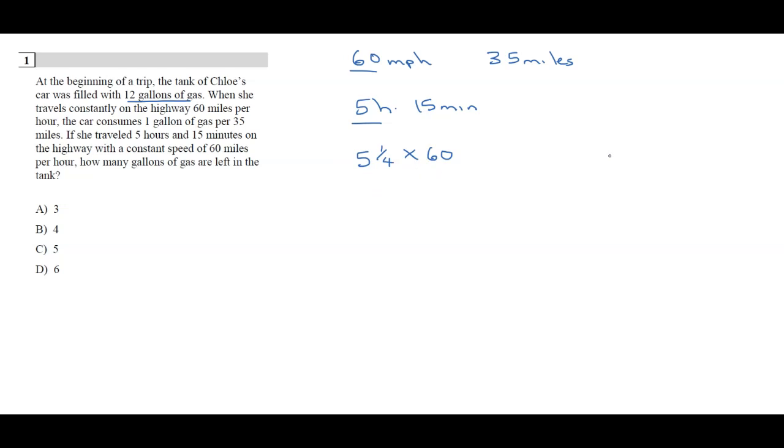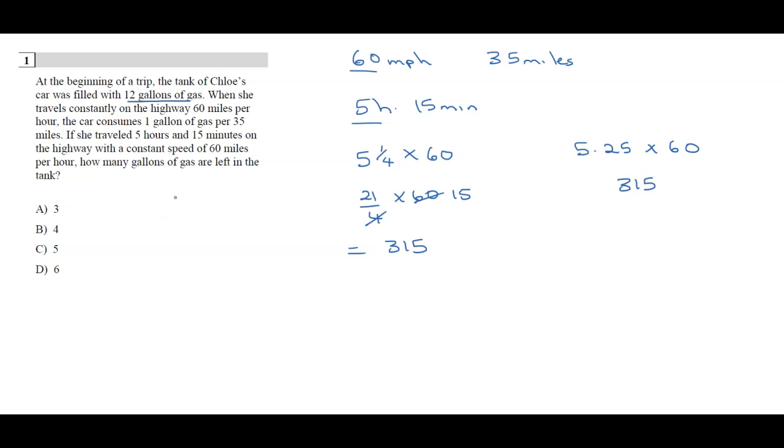For those of you who like decimals, you can do 5.25 multiplied by 60. So here is going to give me 21/4 multiplied by 60. This is going to give me 21 multiplied by 15 is 315. So this is also the same here. It's going to give you 315.